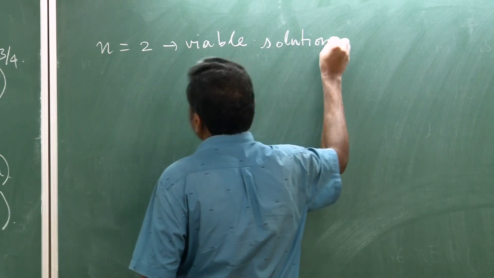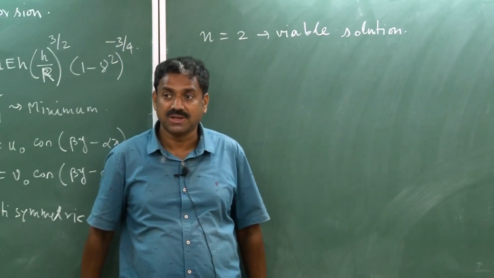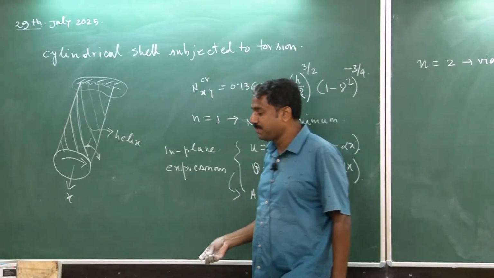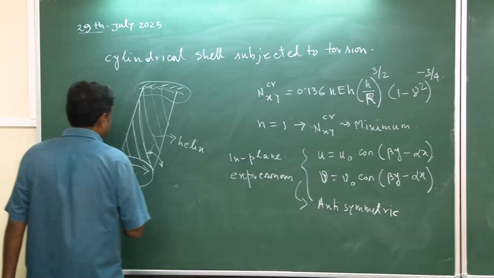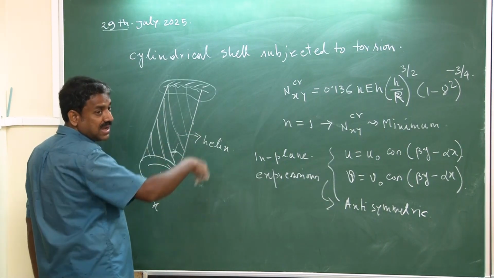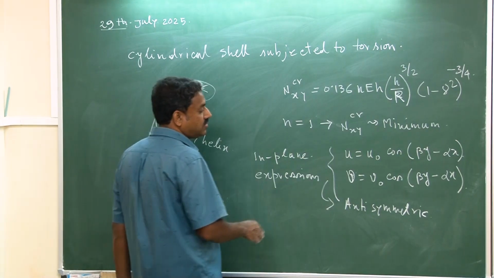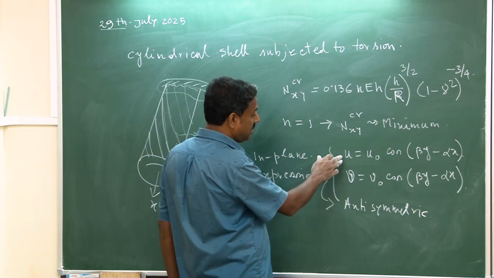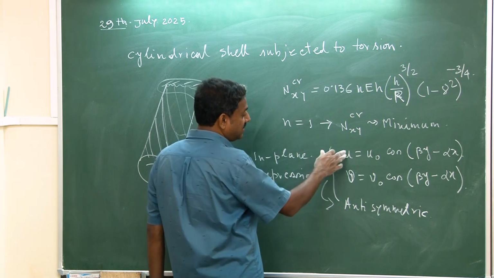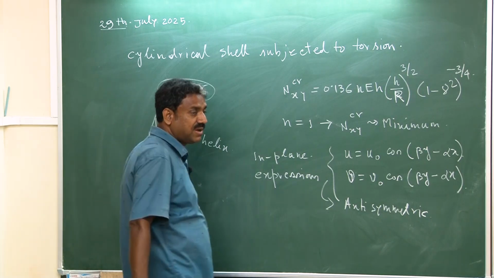The only thing is that we never talk about the boundary condition. It is difficult to satisfy the boundary condition, because that will violate whatever simplification we made. But what happened actually, n is equal to 2 means there are 2 wave numbers in terms of the helix you have assumed, because that is also conducive to satisfying the in-plane forces, that means in terms of u and v axial displacement, and that is why we require an antisymmetric field, right.